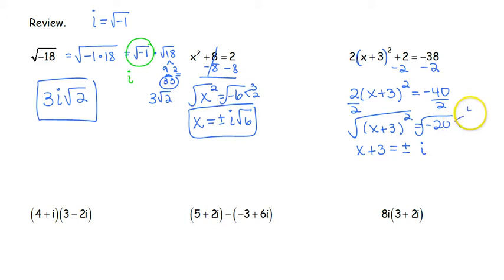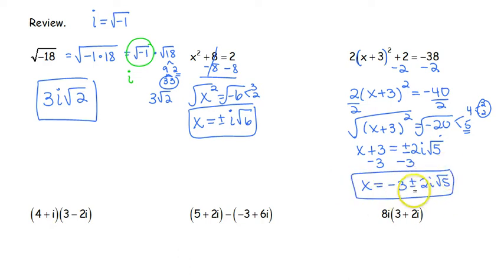We break down 20, 4 and 5, 2 and 2. So we've got a pair of 2, so the 2 gets to go on the outside, and the 5 is stuck over on the inside. Now x is still not by itself, so the last step is moving the 3 over. We've got x is equal to a negative 3 plus or minus 2i root 5.